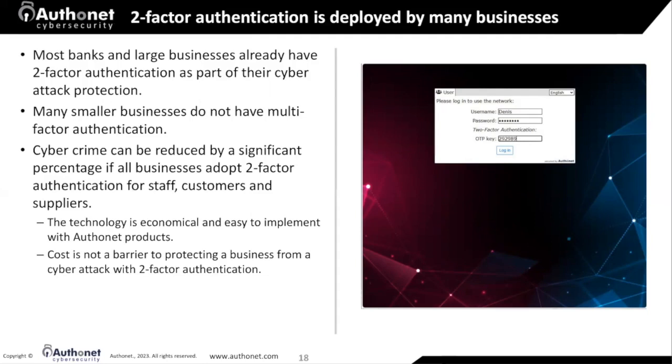Each time a member of staff connects to the network, the credentials have to be entered once again. The OTP key changes every minute. And so it's important that each time the member of staff connects to the network, the credentials prove that it is the member of staff who owns the access.